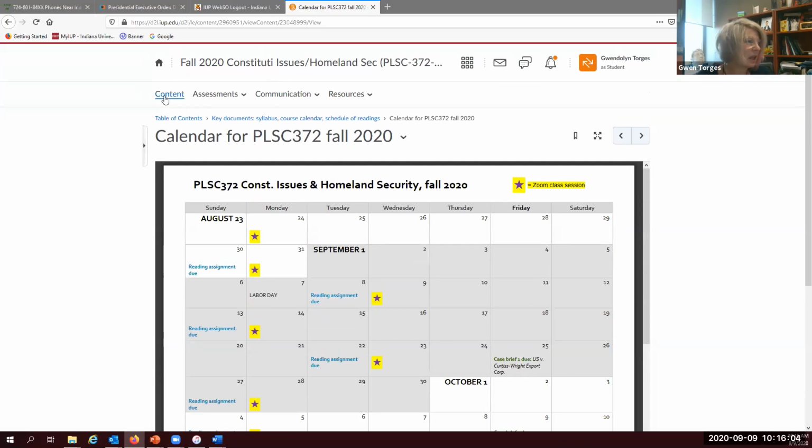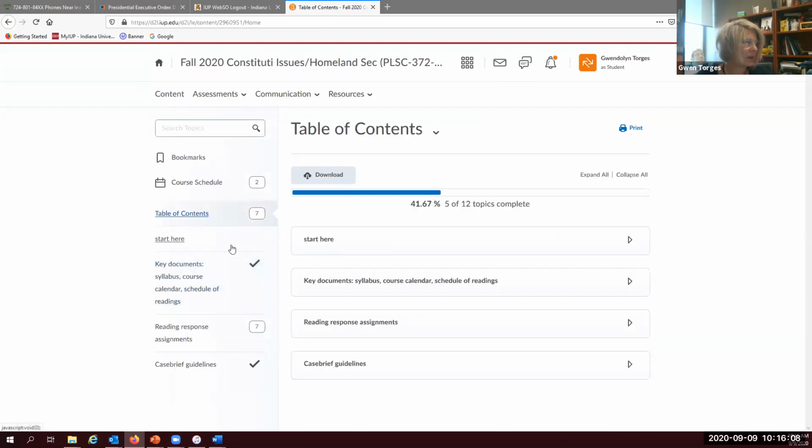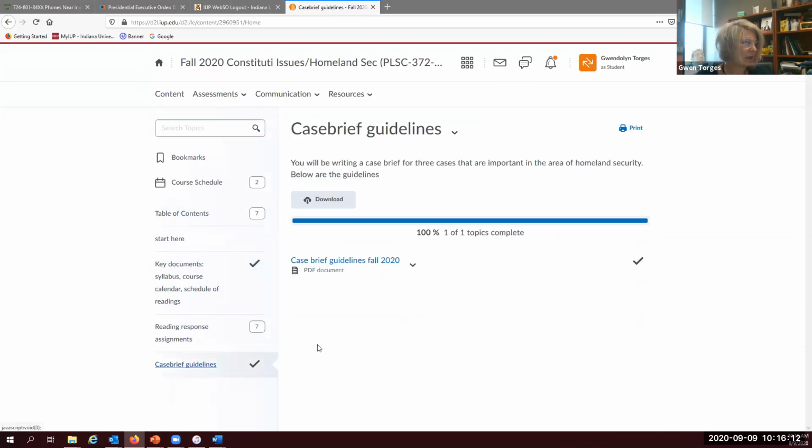And if we go back to the content area, for the case briefs, we talked about the guidelines for case briefs, and I'll be posting later today the text of the Supreme Court opinions that you're going to read for the case briefs.